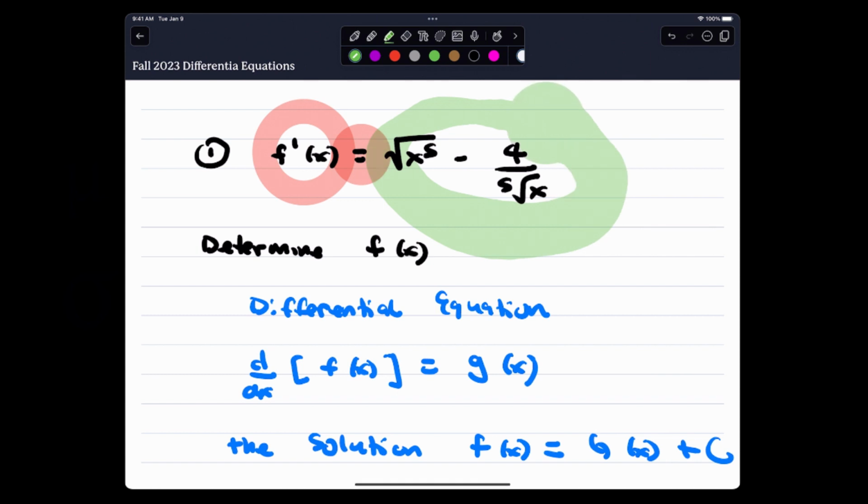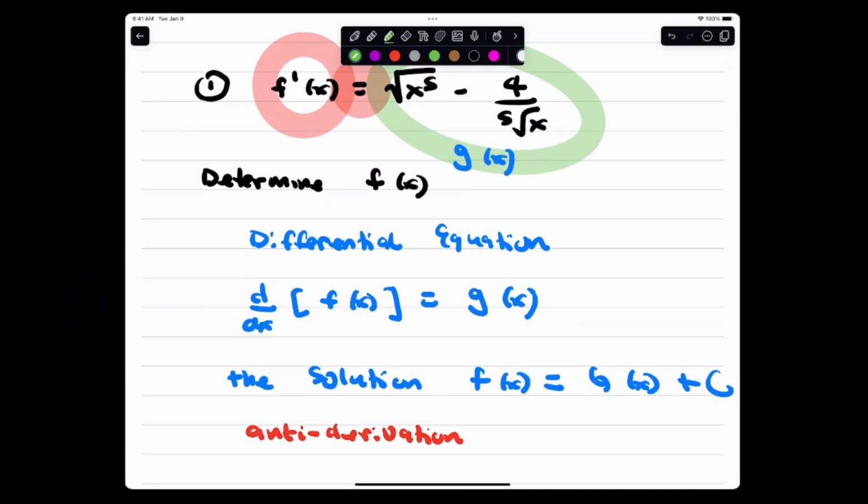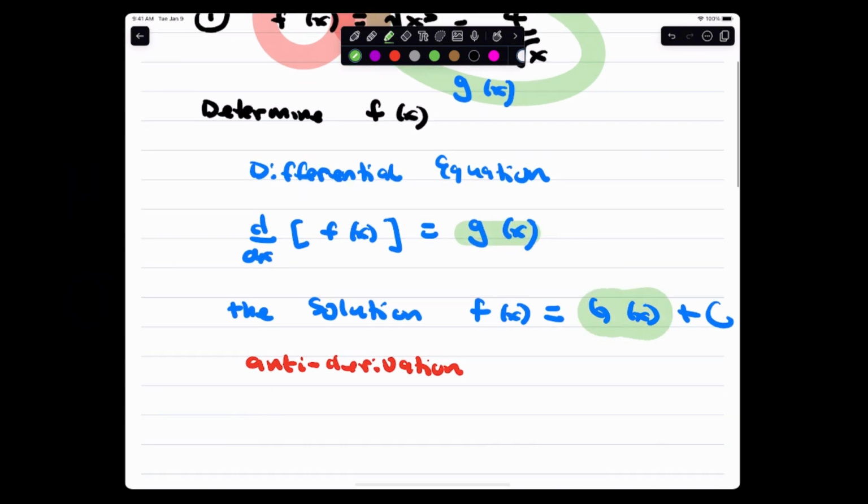This is the g, I should say, in your definition. There's the g. So the solution for f is to find the antiderivative of g in general plus your c. That's what f is going to be. You need to find that solution, f.